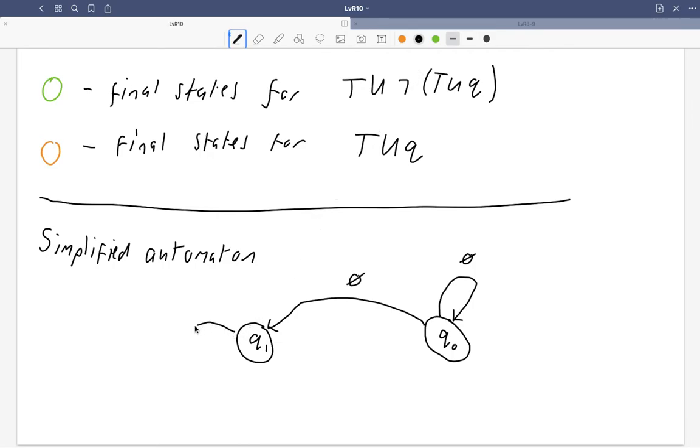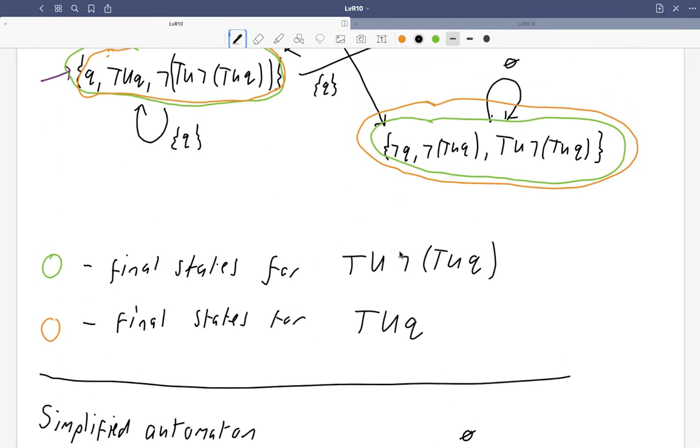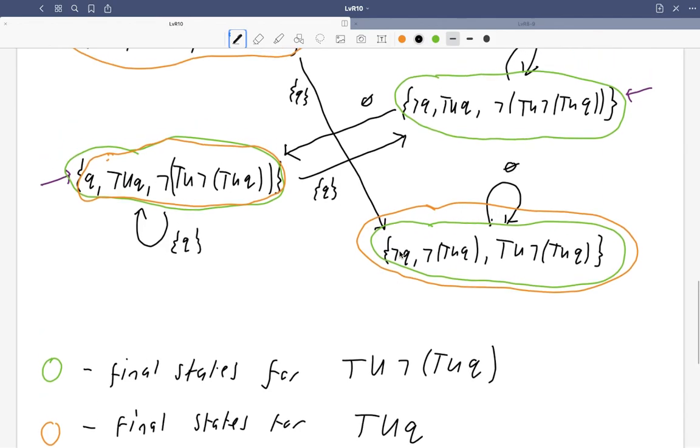Q1 has a singleton Q transition to itself and a singleton Q transition to Q0. So here we've got Q, the propositional atom. Here Q0 and Q1 are names of states of the automaton. That shouldn't be confusing, but it's slightly unfortunate that I chose the same letter.